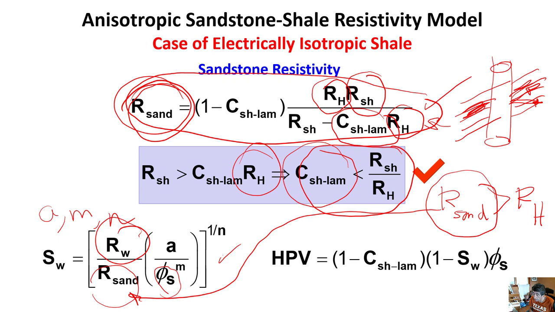But if the only thing I have is a shaly sandstone in the water-saturated section of the well, then I have to apply the parallel circuit, eliminate the effect of the lamina of shale in the parallel to bedding plane resistivity, calculate the R sand in the water-saturated sandstone, and implement Arch's equation to calculate RW in that equation. That's how we do it. And that's how the RW comes here.